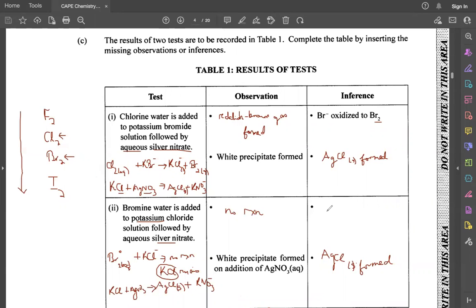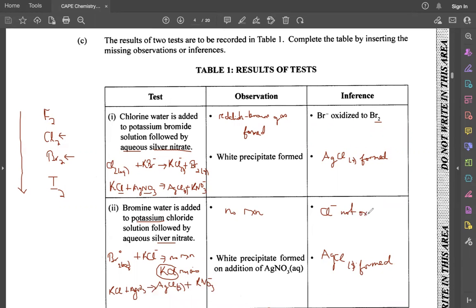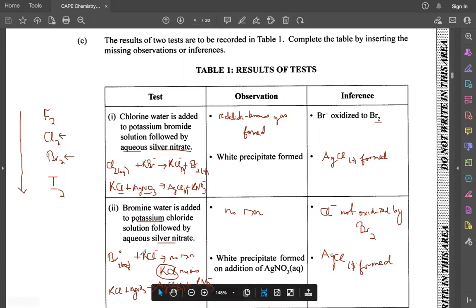And then what we can infer from that, right, is that these chloride ions, so Cl minus, are not oxidized by the Br2, because the Br2 is not as strong an oxidizing agent as the Cl2 is, and so it can't displace Cl from this mixture here, right?